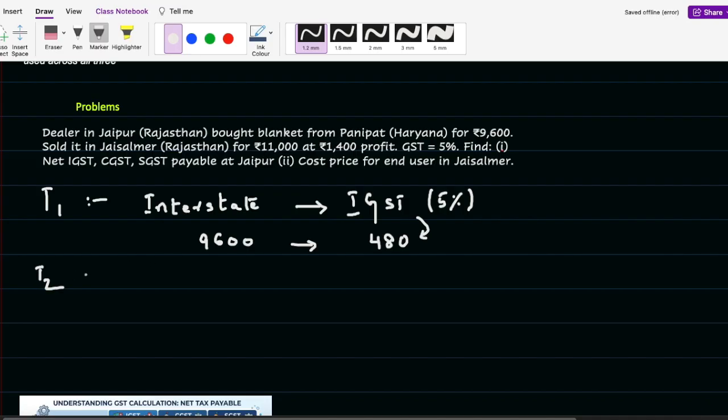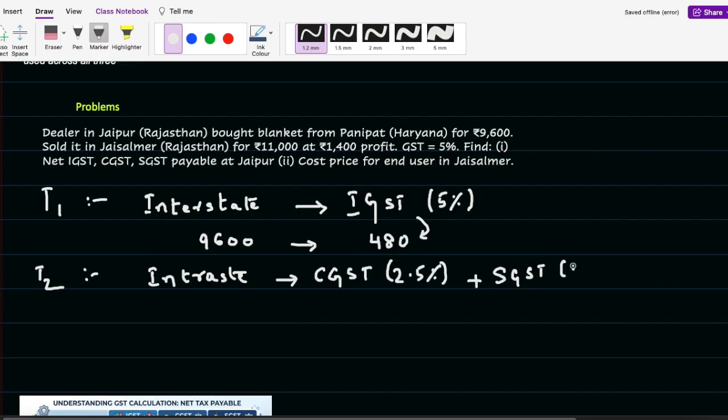Second transaction, which is intrastate. In intrastate, you have both central and state, CGST of how much? 2.5%, half of the total GST, plus state of 2.5%.